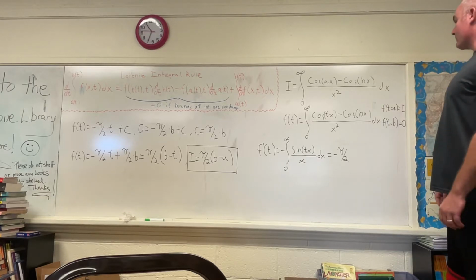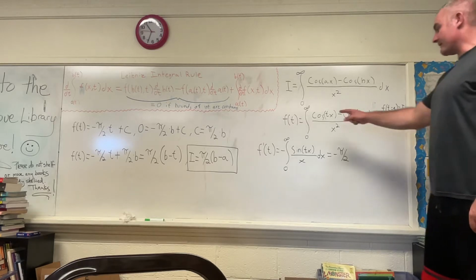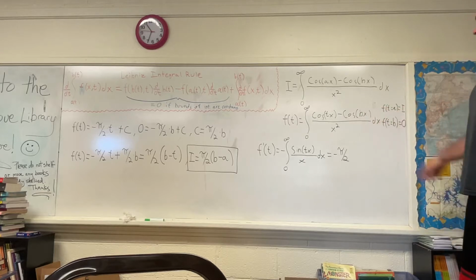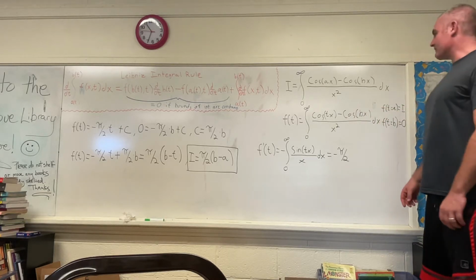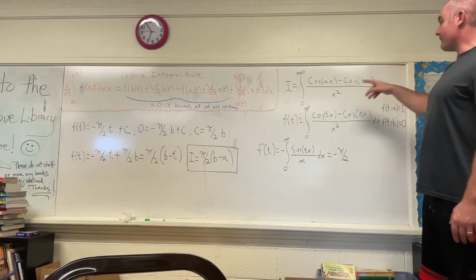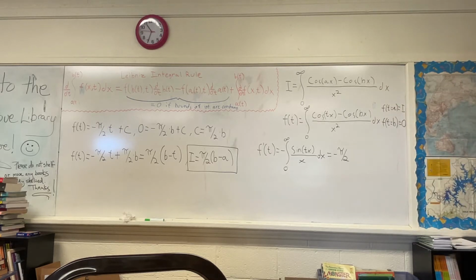So the first thing that we're going to do, like always, is create a function of t equal to the integral from 0 to infinity of cosine of tx minus cosine bx over x squared dx. I realized that I could have just right off the bat called this a function of a, or technically a function of b as well.